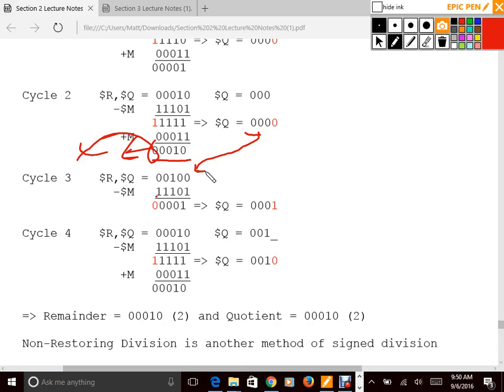Most significant bit of the remainder is negated and becomes the least significant bit of the quotient. Now it starts with a 0, which means we do not restore at this stage. See how I didn't do this plus m here? That's the decision there at the end of the algorithm.